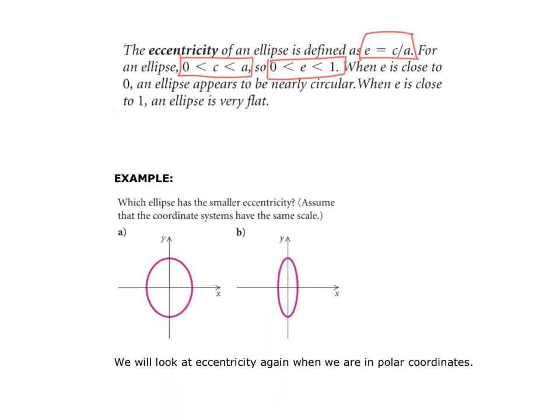So the eccentricity of this particular one is going to be closer to 1 because it is a flatter shape than this one. This one would be closer to 0 because it's a more circular shape than the other one. Again, we will look at eccentricity when we get into polar equations and polar coordinates.